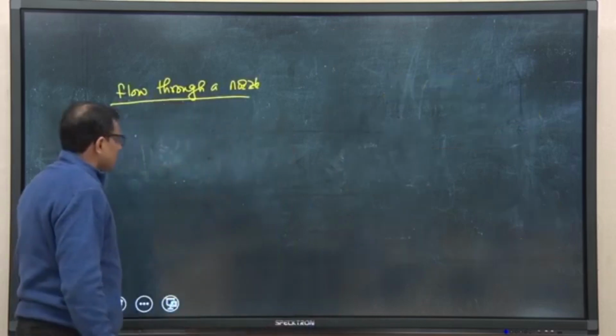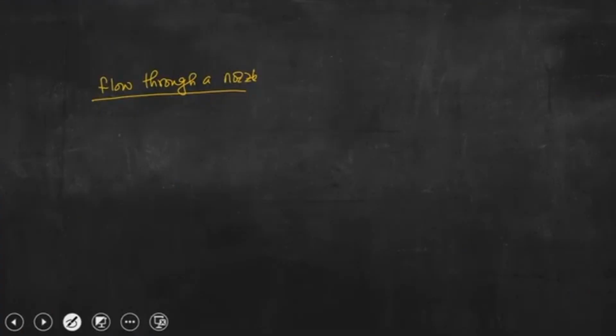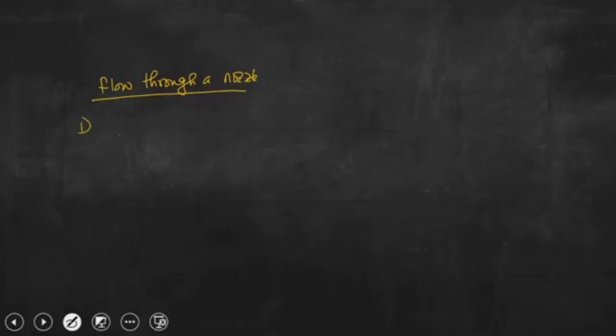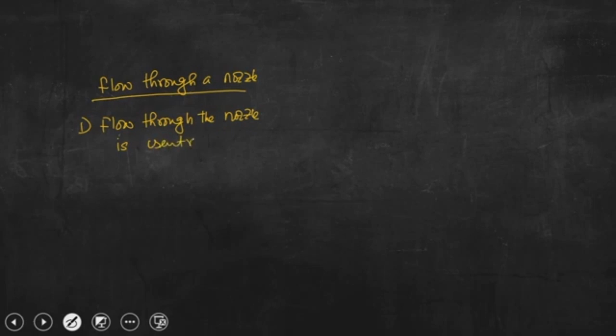So, for flow through a nozzle, we take a few assumptions. What are those? We consider that flow through the nozzle is isentropic.